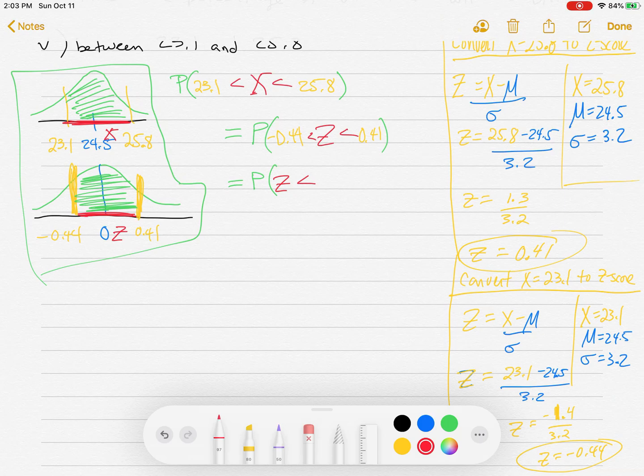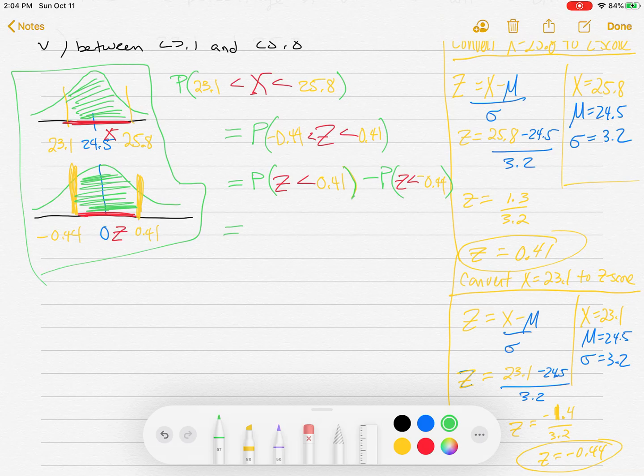To find that probability, we take the probability of getting a random z-score less than the right number, 0.41, and then subtract the probability of getting a random z-score less than negative 0.44, the lower bound.